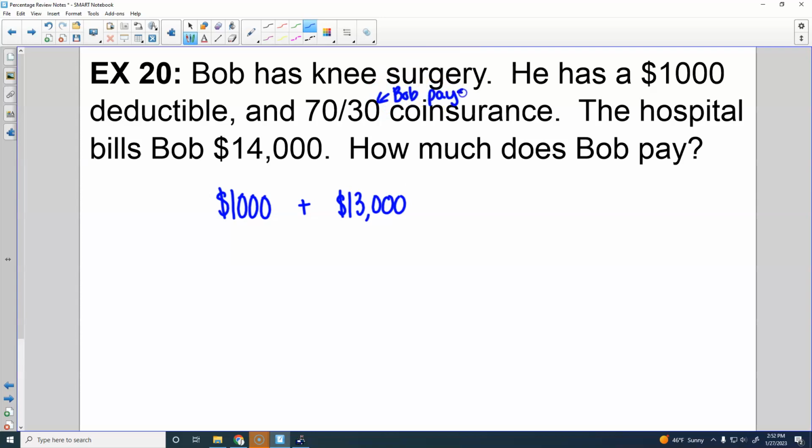So Bob pays 30%. Okay? So Bob is going to have to pay the whole $1,000 for his deductible. That leaves $13,000 that he's going to have to pay a part of. And so we would take $13,000 and multiply it by the 30% that Bob has to pay, which is 0.3. And so somebody tell me what this is here.